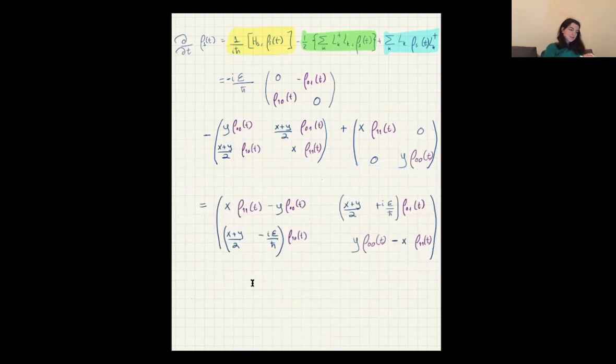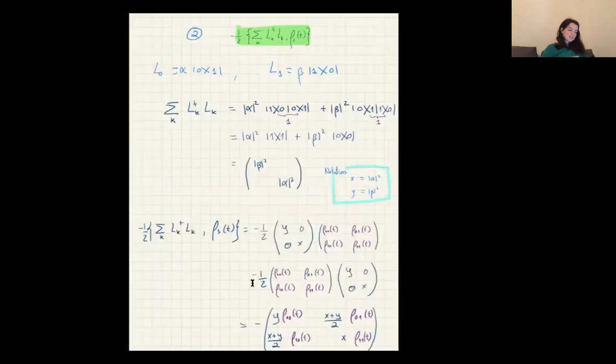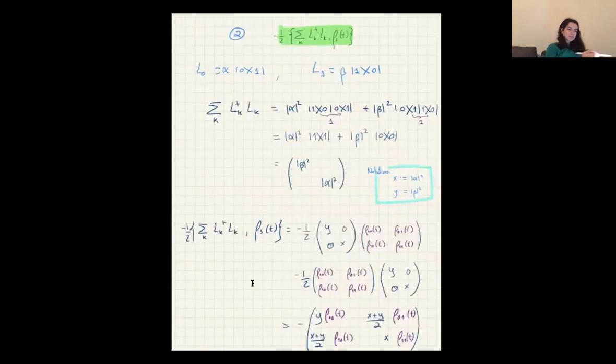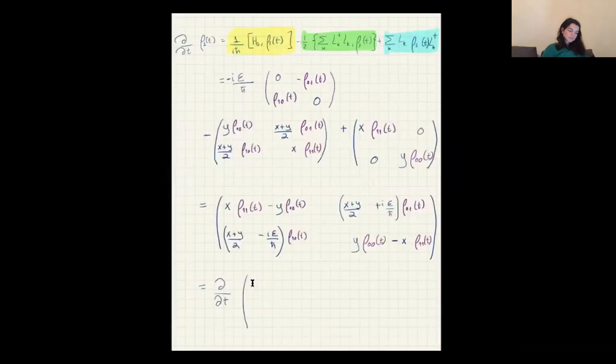So this is equal to what's on the left side. By the way, this is d dt of precisely just the density matrix at time t of this thing here. Okay.